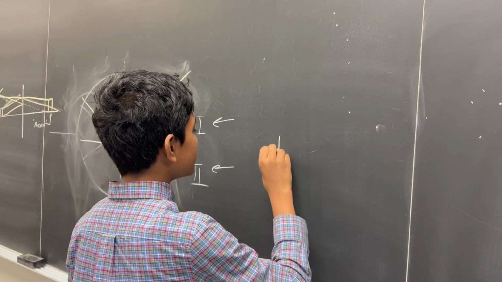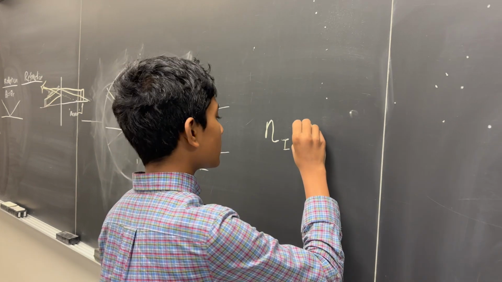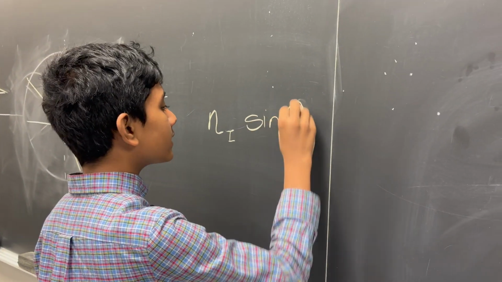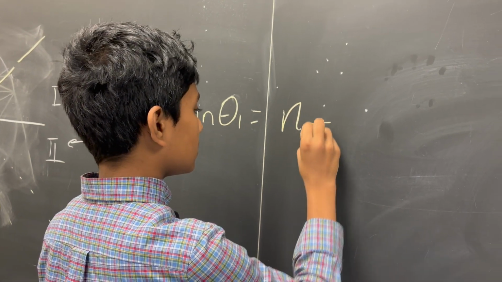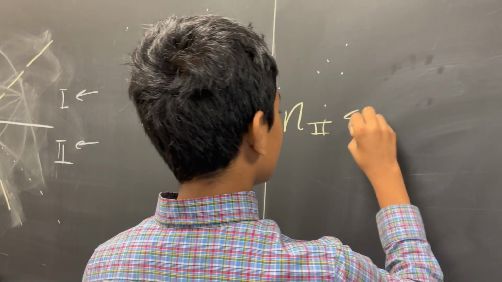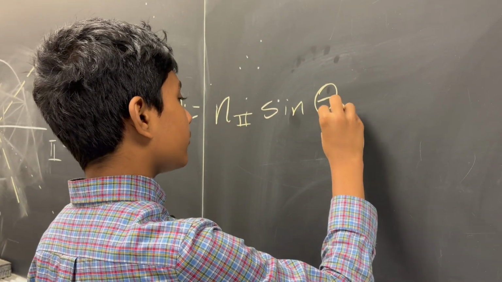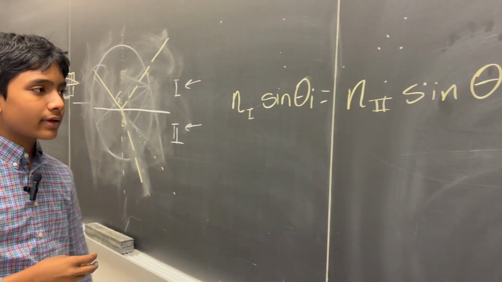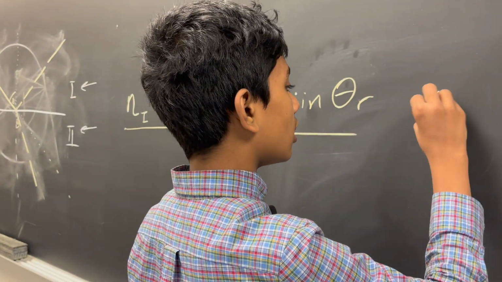All we need to do is take the index of refraction of the initial medium, multiply it by sine theta 1. This turns out to be equal to the index of refraction of the second medium times sine of the refracted angle. Okay, so this is what we call Snell's law.